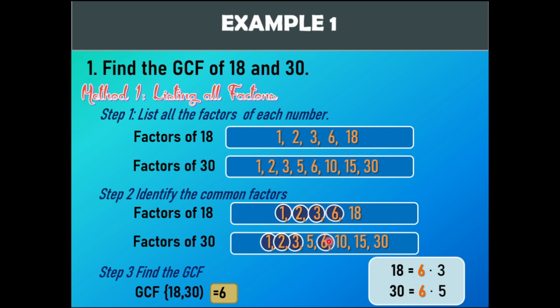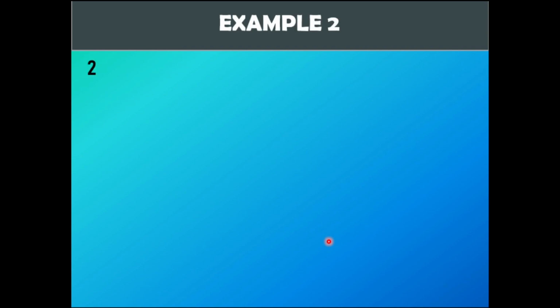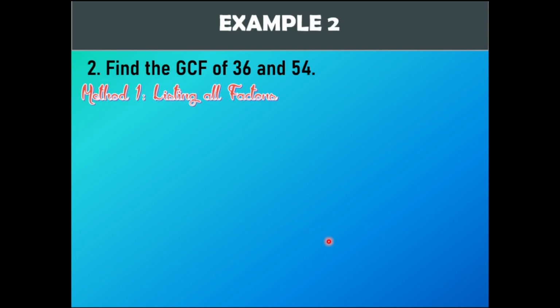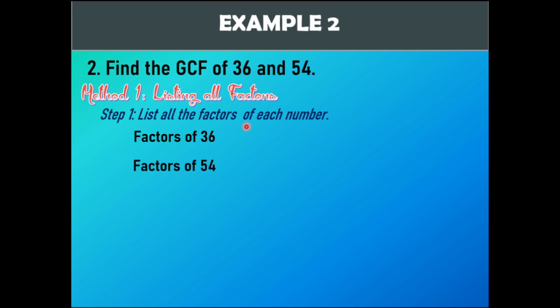Let's have example number 2. Find the GCF of 36 and 54. Again, for step 1, list all the factors of each number. Factors of 36 are 1, 2, 3, 4, 6, 9, 12, 18, and 36.